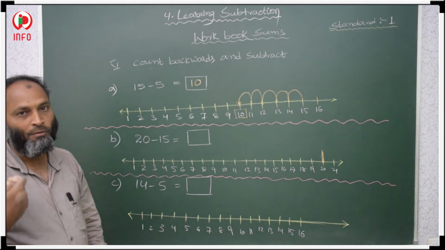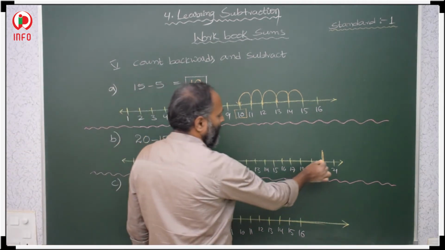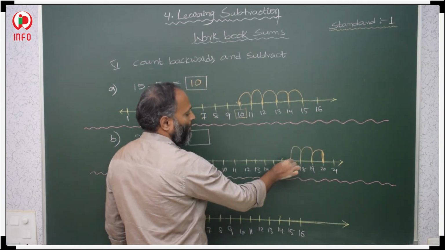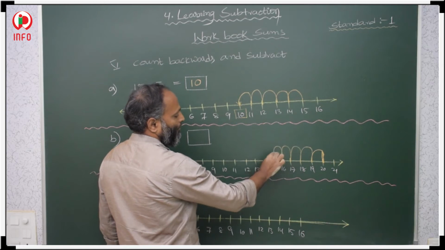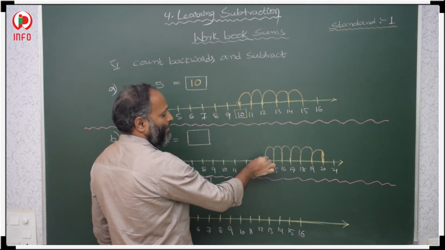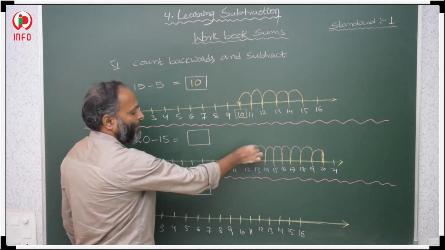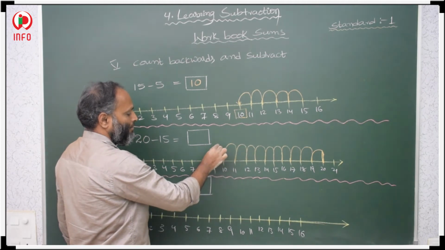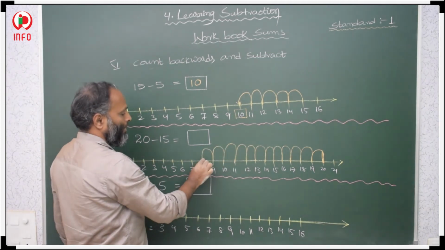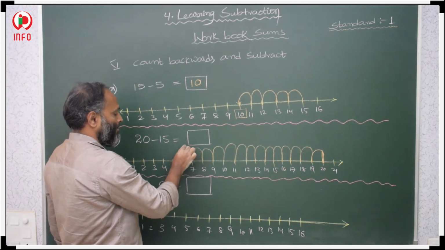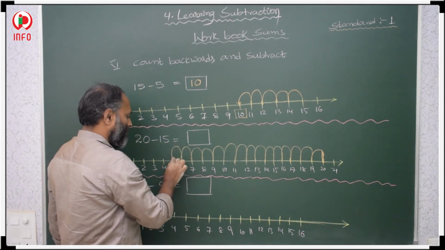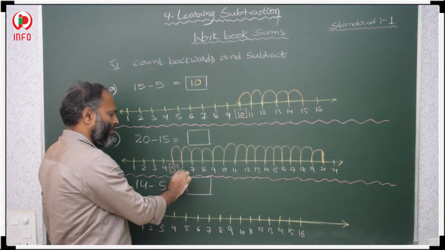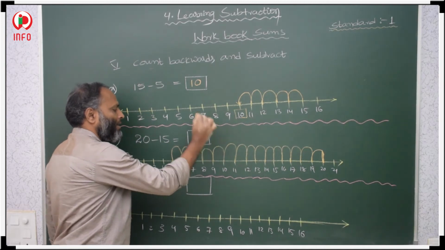From here to 15 we have to count back. 15 numbers we count back. 1, 2, 3, 4, 5, 6, 7, 8, 9, 10, 11, 12, 13, 14, 15. It means 5. 20 minus 15 is 5.